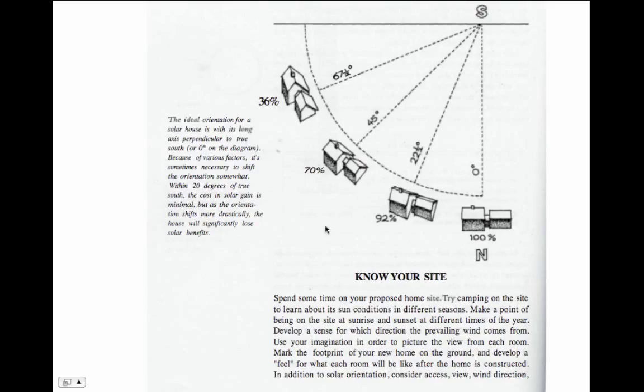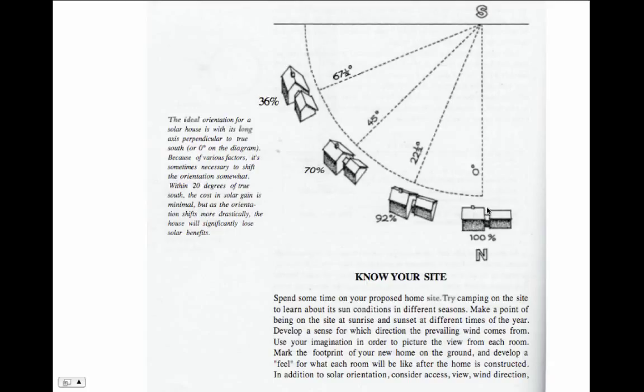And another interesting point is you might think you always have to face directly south. But if you're within 20 degrees of true south, so from 100 to 80, then the cost in solar gain is minimal. It's almost the same, 100 to 80.